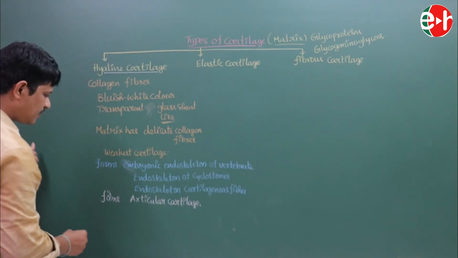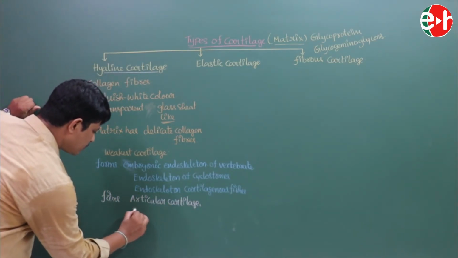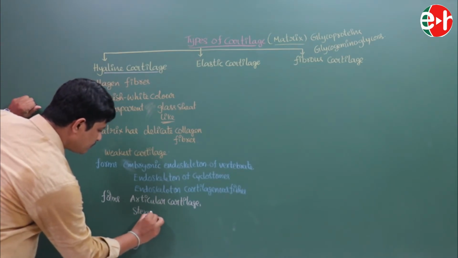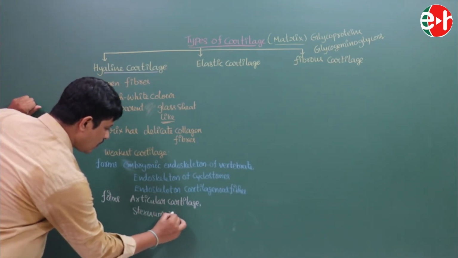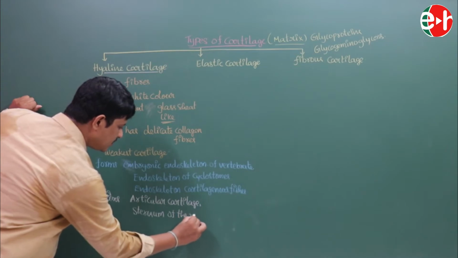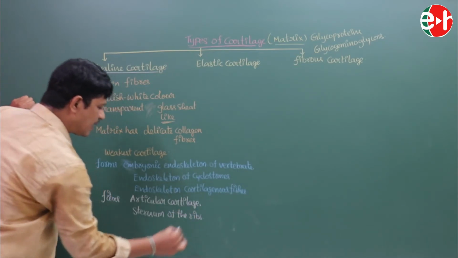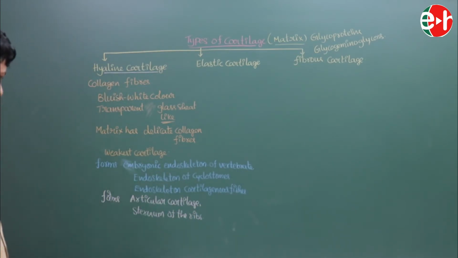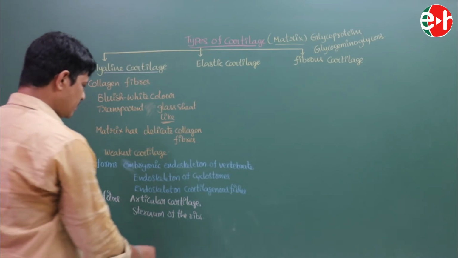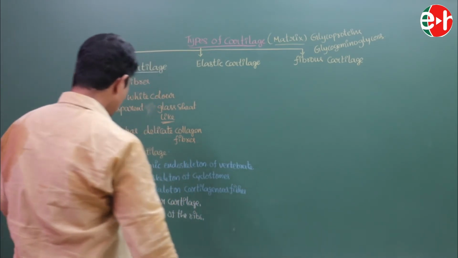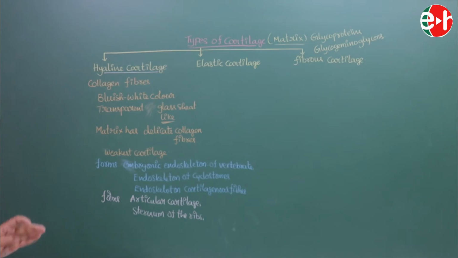It also forms the articular cartilage and the sternum of the ribs.